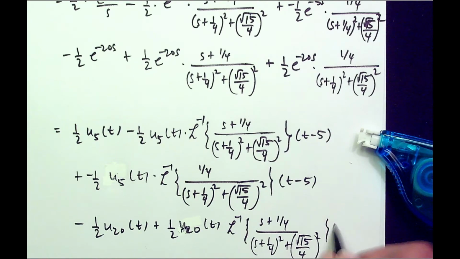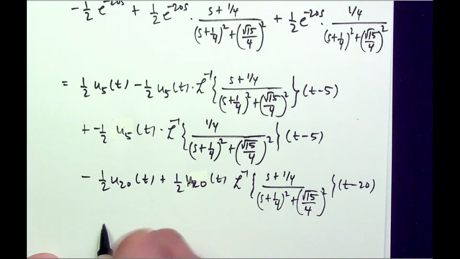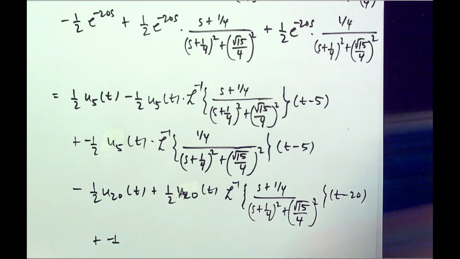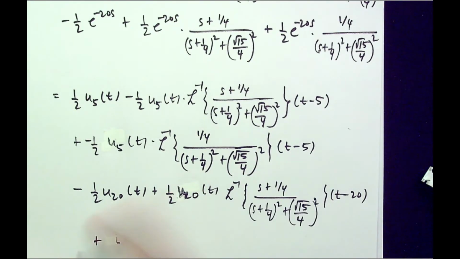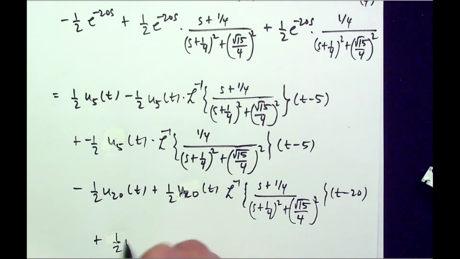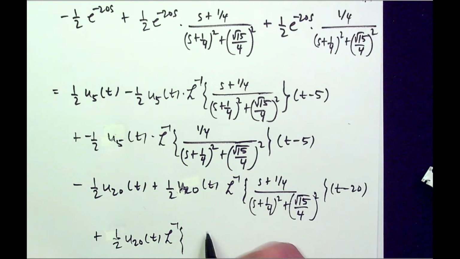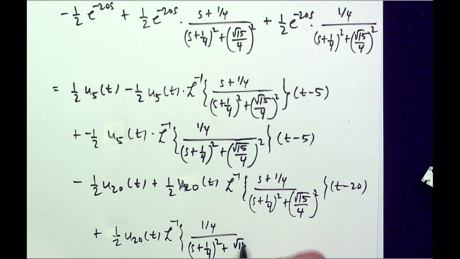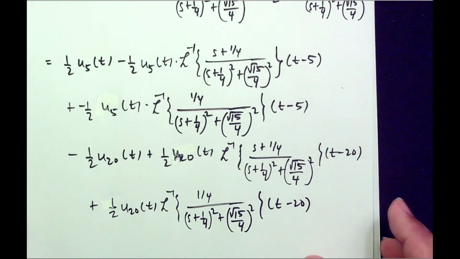Evaluate it not at t, but at t minus 20, plus, now invert this last one right here, so that's going to be plus 1/2 u20, Laplace inverse of that, evaluated not at t, but at t minus 20. Okay.